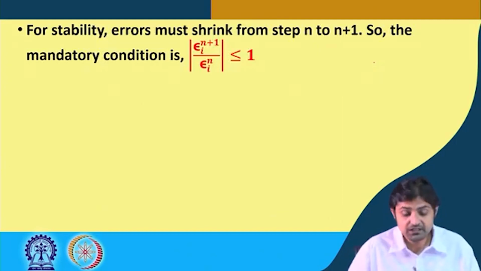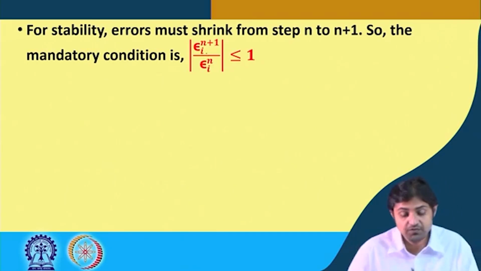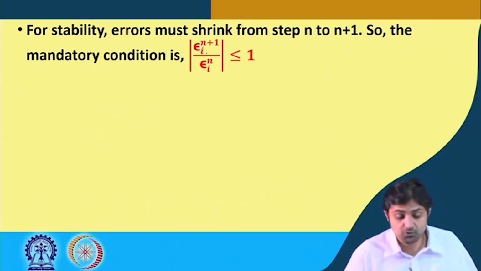For stability, the errors must shrink from step n to n plus 1. So, the mandatory condition is that epsilon i at n plus 1 divided by epsilon i at time n must be less than 1, because the error is supposed to decrease.